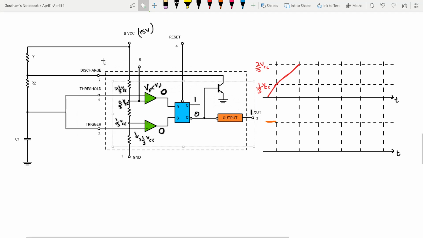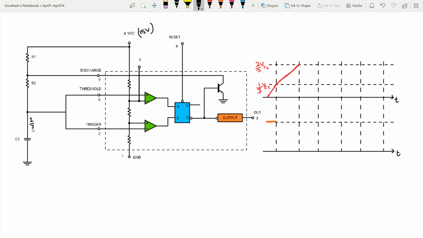Let me remove all these. Right, so what is happening here? The voltage across this capacitor is nothing but a small value above 2/3 VCC. So that is nothing but this Vp, a small value greater than 2/3 VCC, and this Vn is of course at 2/3 VCC.